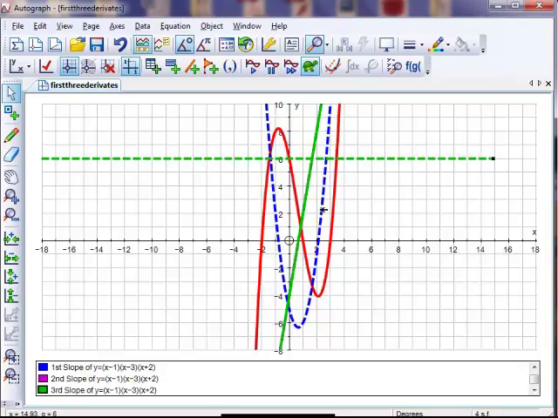Okay. Now, next I would like to enter an equation, a cubic with a point of inflection.